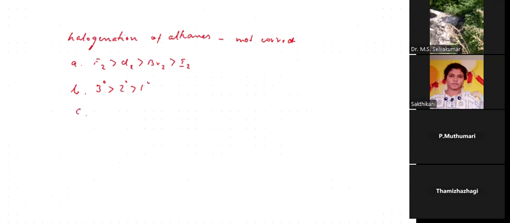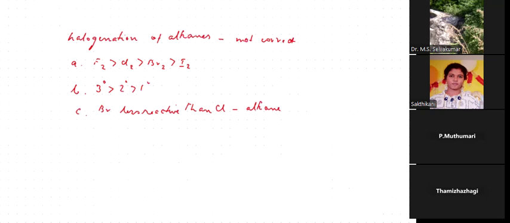And then the third one, bromine is less reactive than chlorine towards a particular alkane. If the same alkane is taken and bromine is allowed to react and chlorine is allowed to react, then bromine is found to be less reactive than chlorine.